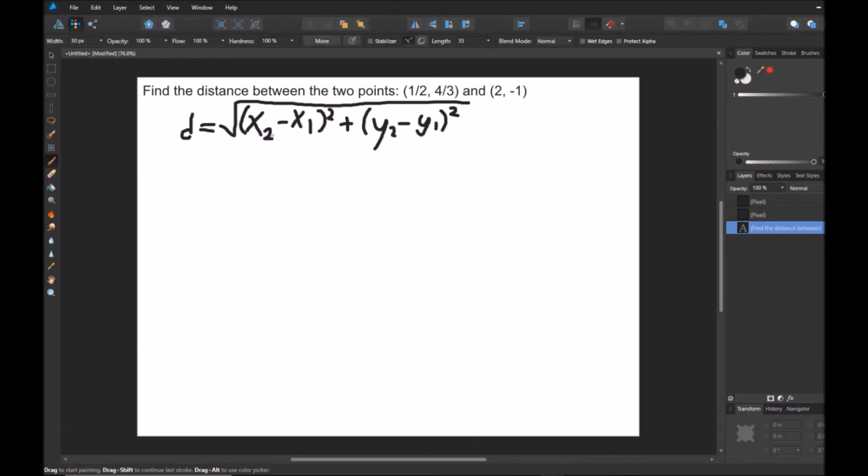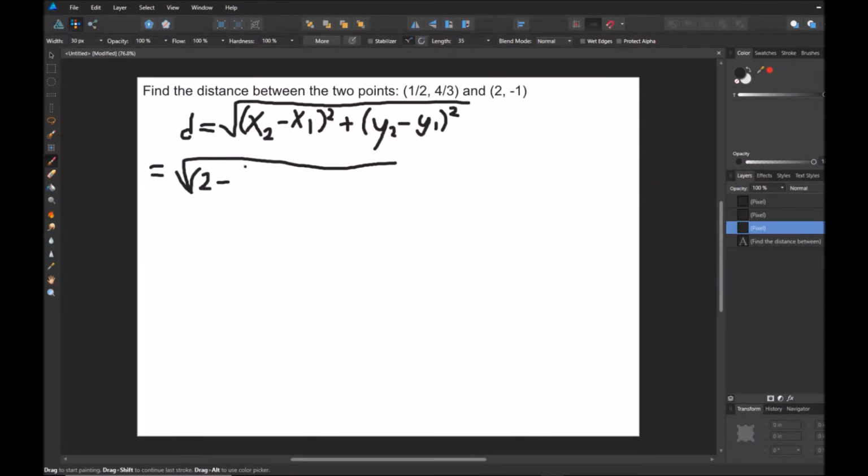Okay, so in this next problem, we're asked to find the distance between the 2 points 1/2, 4/3, and 2, negative 1. So just like in all the other ones, we're just going to plug in the numbers for x2 and x1 and y2 and y1. So in this case, x2 is 2.